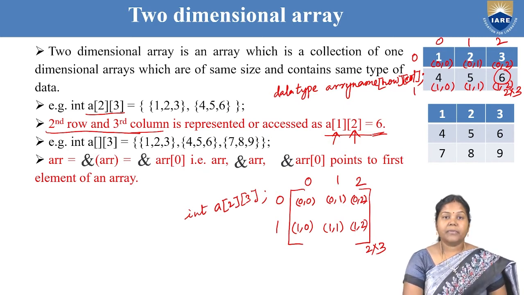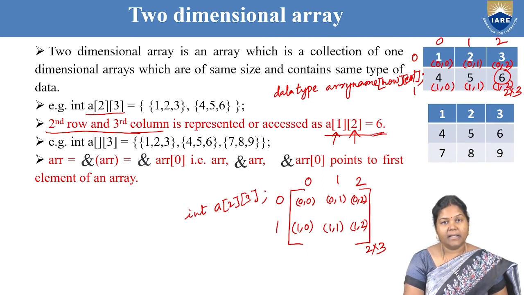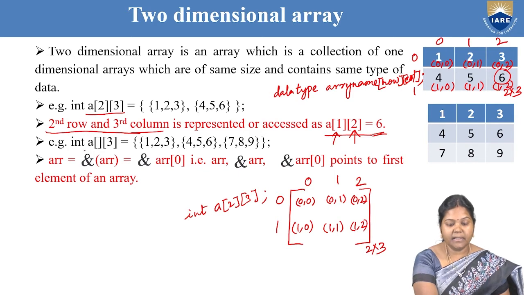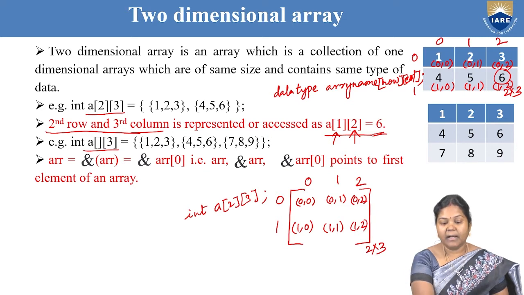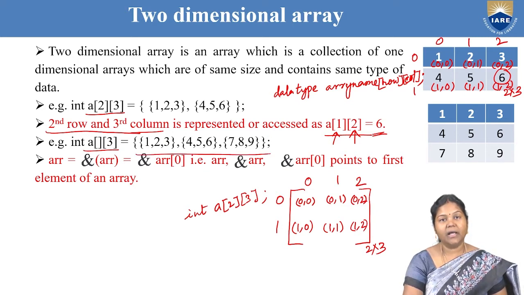Now, like a single dimensional array, while declaring the array or assigning some values, can you omit the number of rows or number of columns? Yes, it is possible. For example, here, int a[][3], I didn't mention the row size, but only the column size. But I have initialized the array with some values: 1, 2, 3, 4, 5, 6 and 7, 8, 9.